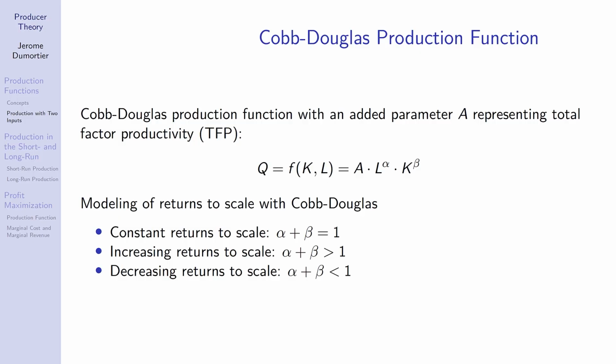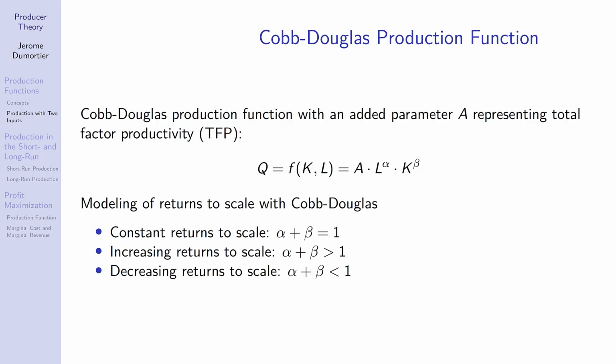The Cobb-Douglas function is also useful because it allows us to study returns to scale. If alpha plus beta equals 1, then we have constant returns to scale. What this means is that doubling inputs doubles outputs. If the sum of alpha and beta is above 1, then we have what are called increasing returns to scale.